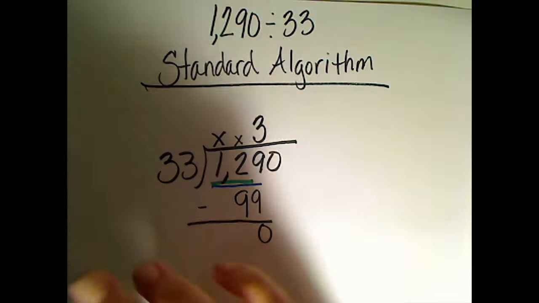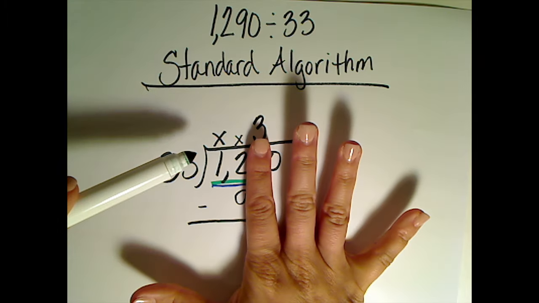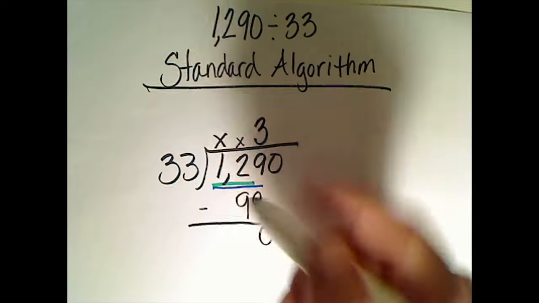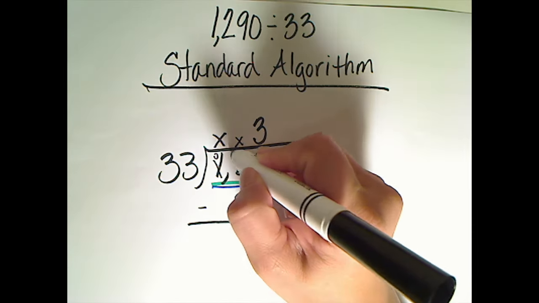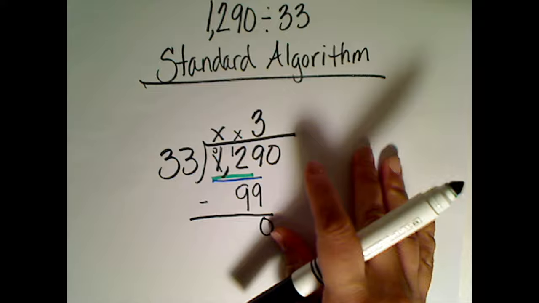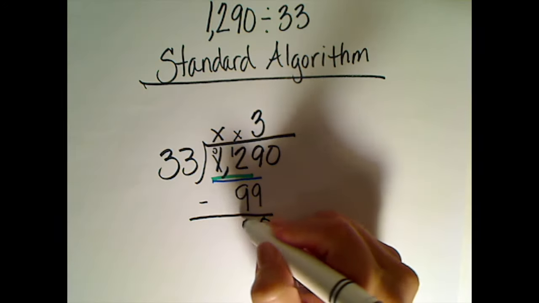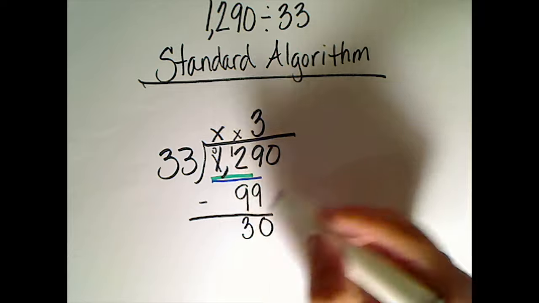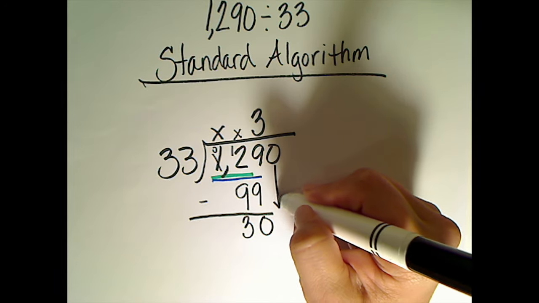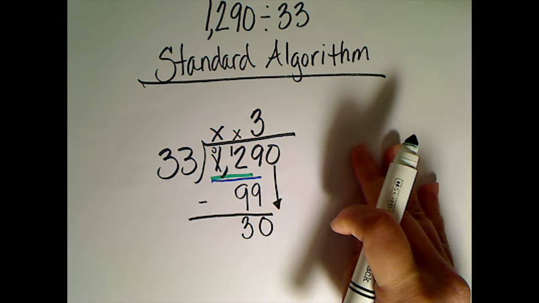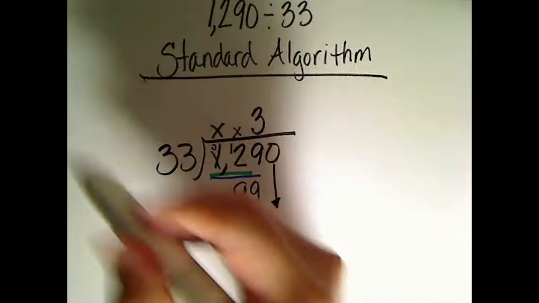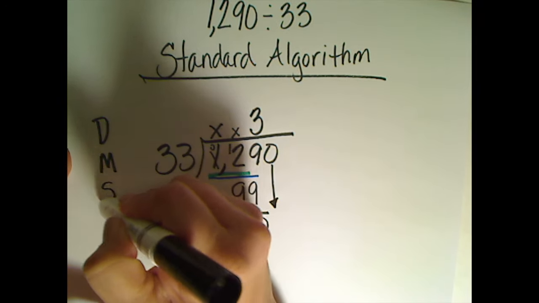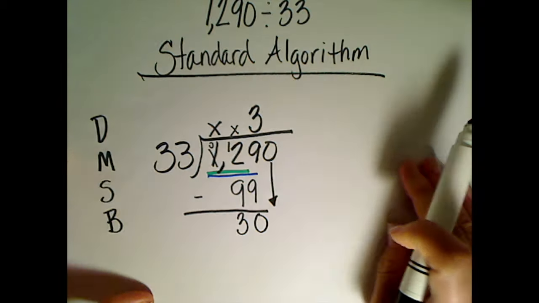And again, guys, I see 12, but you may want to regroup. 12 minus 9 is 3. Then we bring down the what? See what I'm saying? In standard algorithm, you divide, multiply, subtract, bring down.